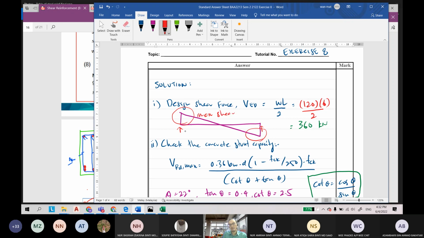So we have to provide closer links here and here, near the support. But at midspan the shear force decreases, so we can increase the spacing for an economical design. We can use a very close spacing for the whole beam, but this is uneconomic.